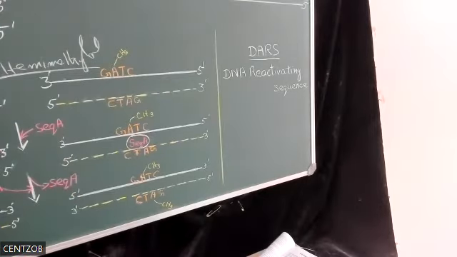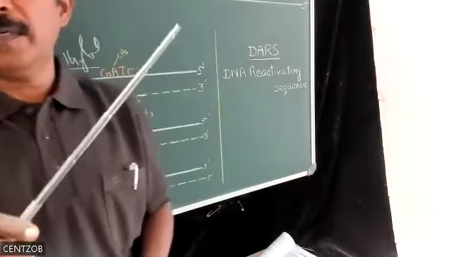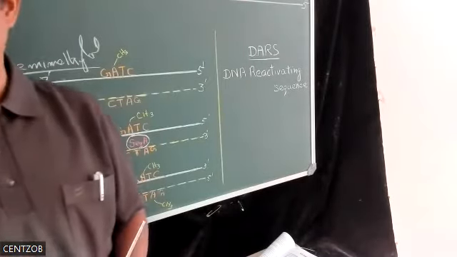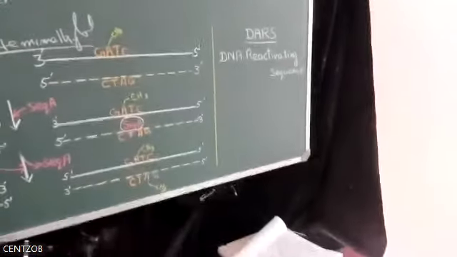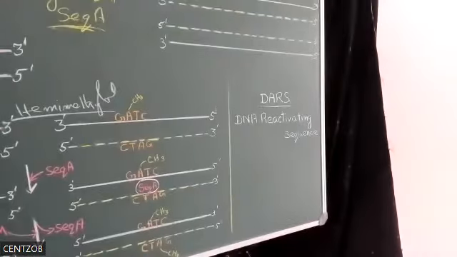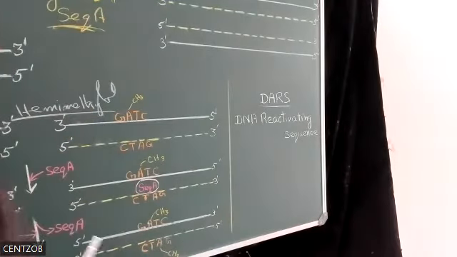But suppose the cell cycle is completed. Then the newly formed DNA should replicate. For that, what is needed? DNA-ATP must be available. That is why in prokaryotic DNA there is a particular sequence, namely DARS, the DNA reactivating sequence. As the name implies, it will reactivate DNA.